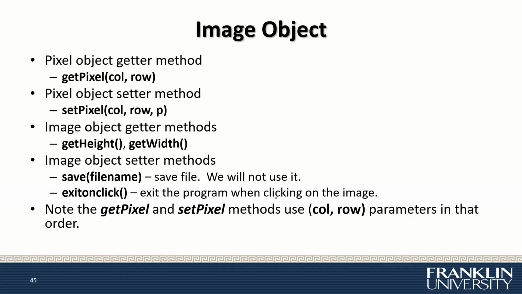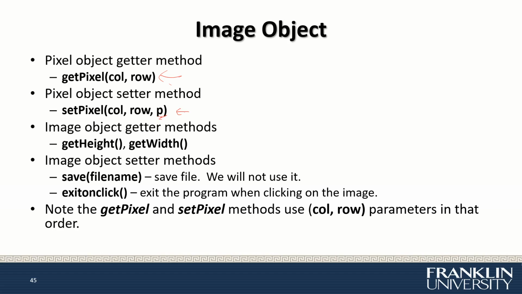And the image object has a getter method called getPixel that you can use to get the pixel at a particular column and row. The image object has a setter method that you can use to set a pixel at a particular column and row to your new pixel value. Get width and get height give you the image width and image height.